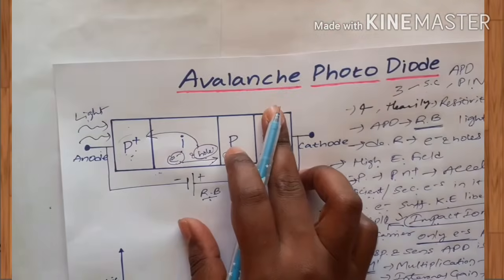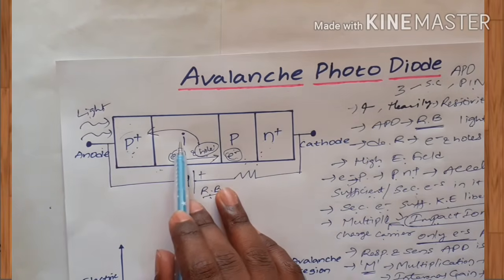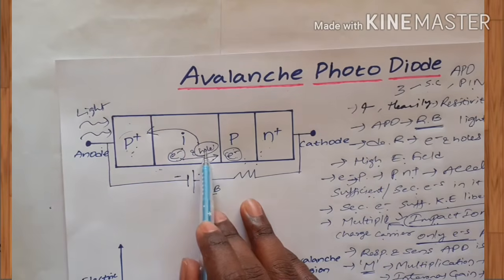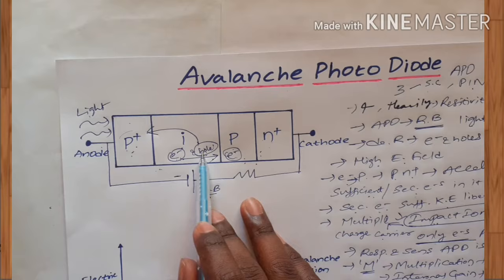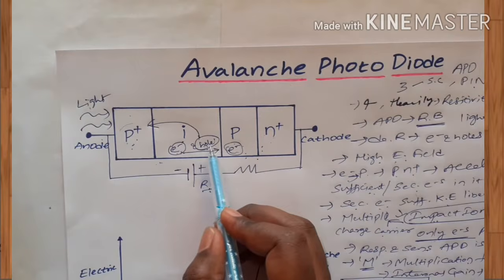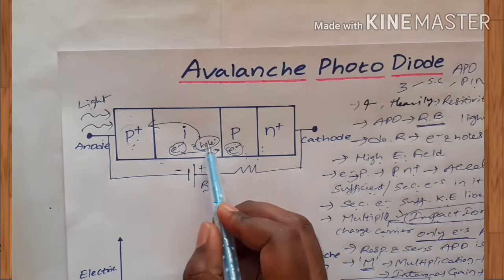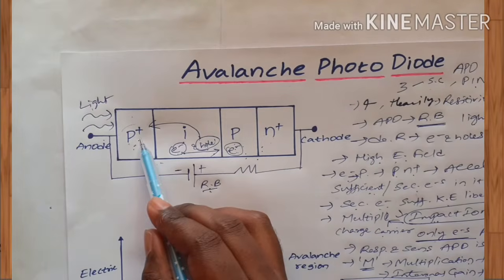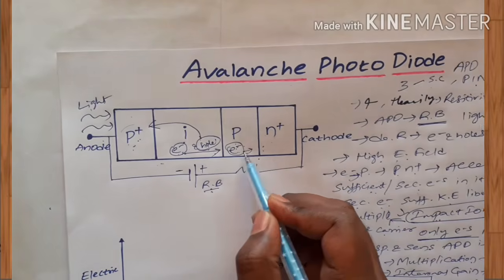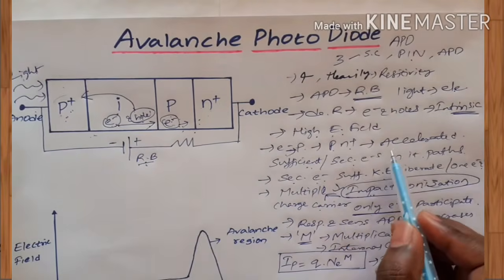In the case of the avalanche photodiode, light first enters through the P plus region and then goes to the intrinsic region. In the intrinsic region, electron and hole pairs are generated. These pairs are separated by a very high electric field in the P and N plus region. So the electrons are drifted towards the P region and holes towards the P plus region, and the drifted electron experiences a very high electric field, and due to that the electron gets accelerated.